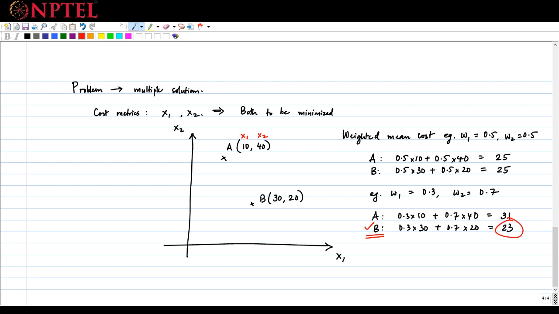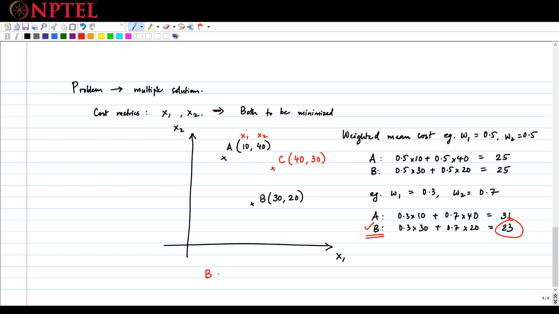The reason why that is important is, let me consider a third solution on this axis, let's say C, which has, let's say, 40 on the x1 axis and 30 on the x2 axis. Okay, now what can I say about this?